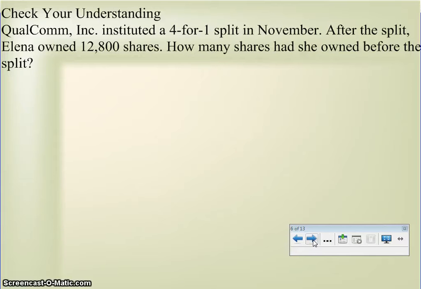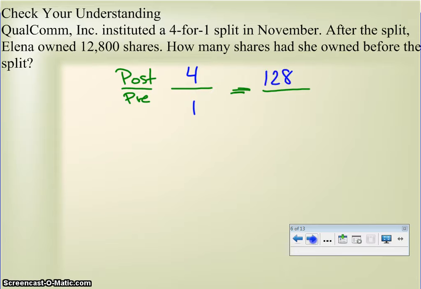All right, so remember it is post over pre. I know I have a ratio going on here. 2 ratios with a proportion, and it says that the split was 4-for-1, so 4 after, 1 before. And it says after the split, she owned 12,800.